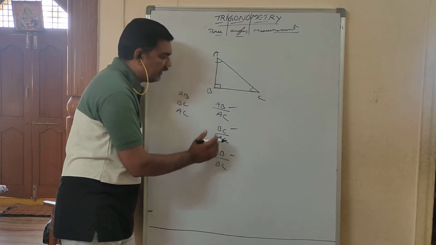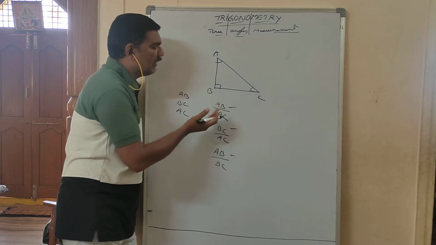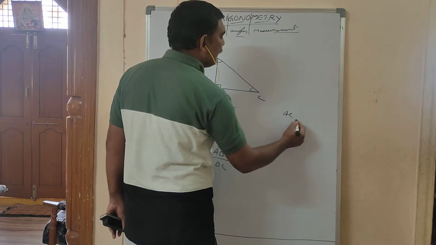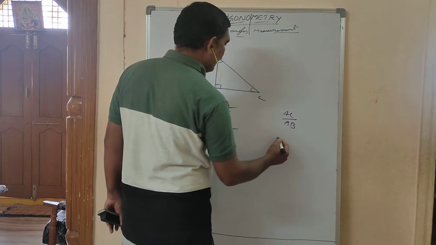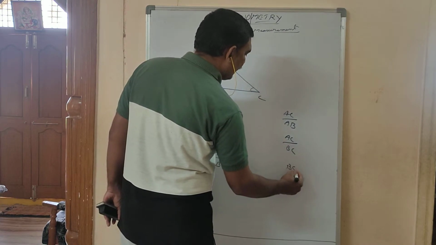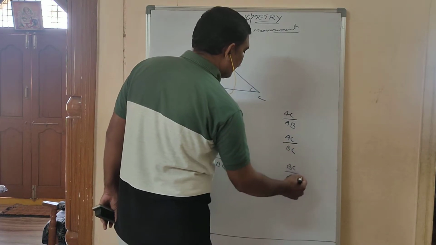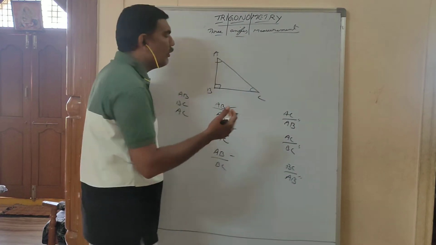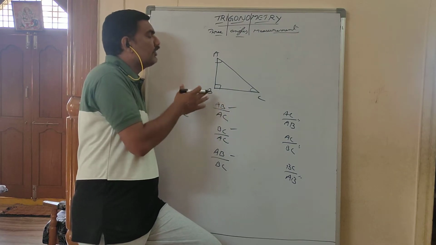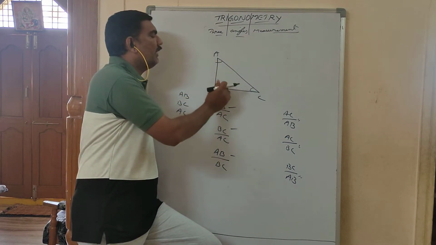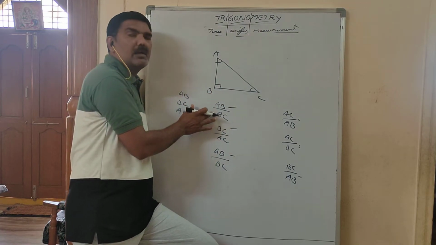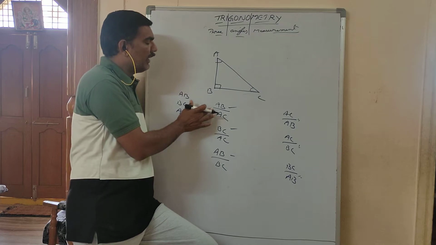Not only these three, they also inverse or reverse or reciprocal. Means I can write AC by AB. I can write AC by BC. And also I can write BC by AB. So how many ratios can you write for the triangle when the numerator is also a side of the triangle and the denominator is also a side of the triangle?